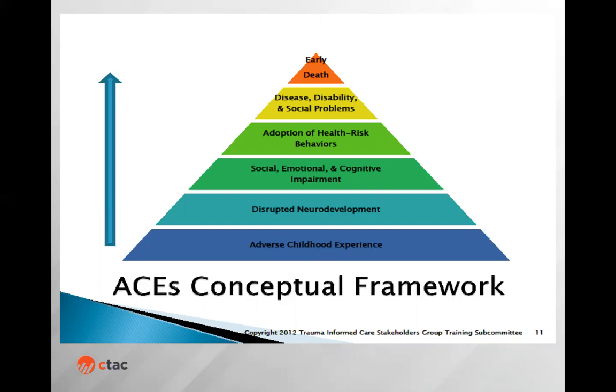It disrupts that neurological development. So those neurons that are wiring together are now disrupted, which leads to the social, emotional, and cognitive impairment, which you have to cope with. You have to figure out how to live in a world where you're not getting that Maslow's hierarchy of needs met. So you possibly adapt some health risk behaviors, which lead to disease, disability, social problems, and unfortunately an early death.